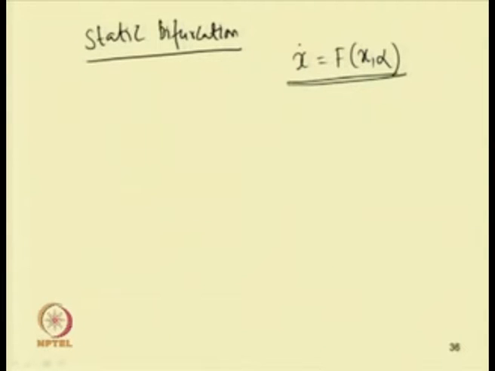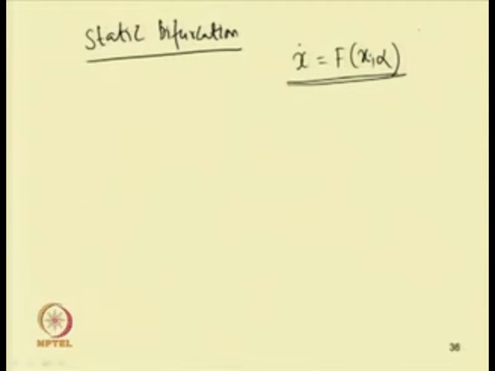Let us consider a first order system only, which we can easily extend to the higher order system. Here alpha is the control parameter, and we want the bifurcation point.